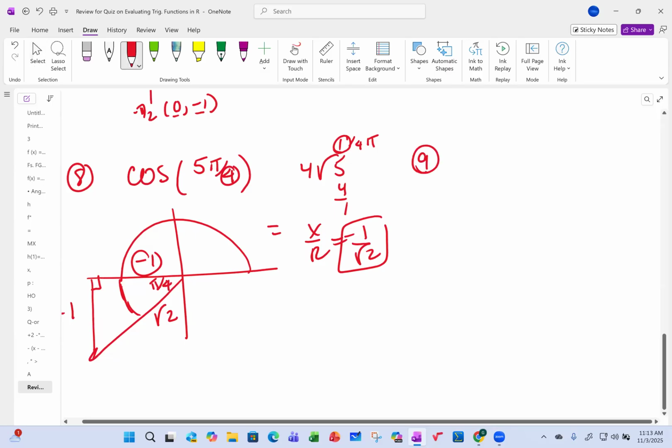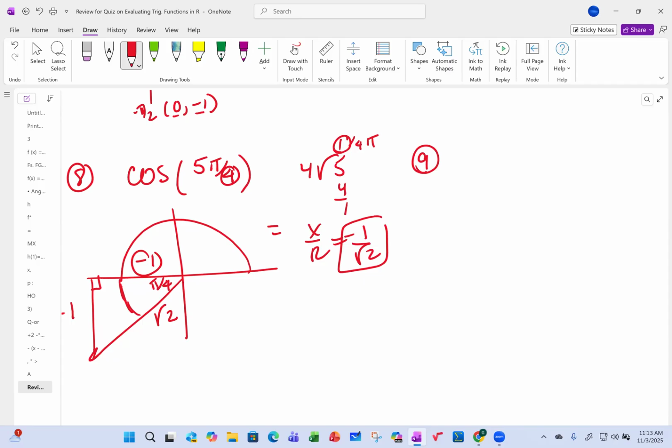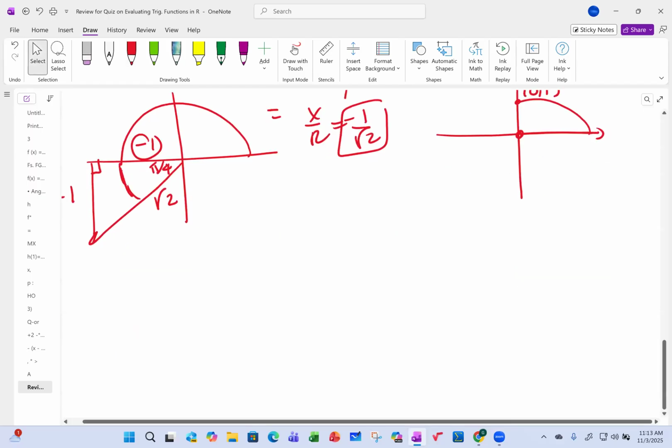And just one more on that note, number 9. Suppose we have the cosine of pi over 2. Pi over 2 is a quadrantal angle. It finishes up here. The coordinates are 0, 1. And cosine simply, when it's quadrantal, is the x coordinate.